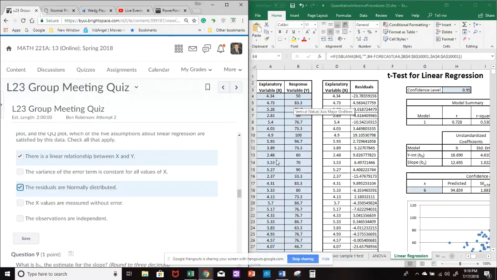So it couldn't be the fourth one, the X values are measured without error. No, that one we don't know. By just looking at this data, we have no idea if they did it right or not. So it would be the second one.